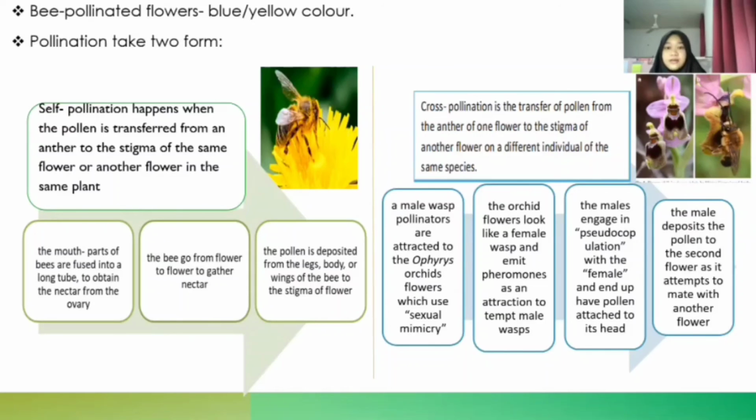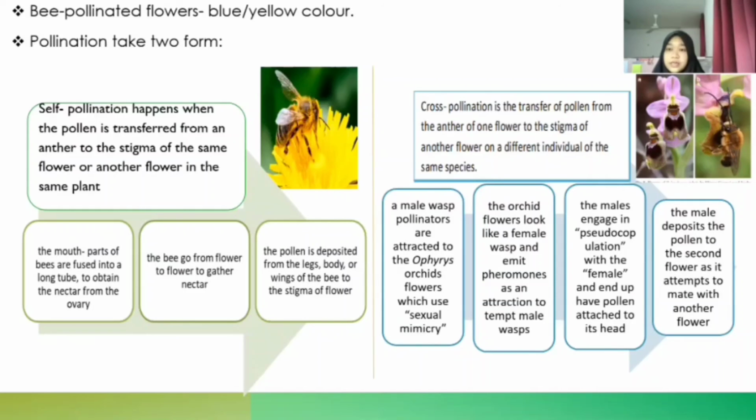So, for example, a male wasp pollinator is attracted to the orchid flowers, which use sexual mimicry. The orchid flower looks like a female wasp and also emits pheromones as an attraction to tempt the male wasp.